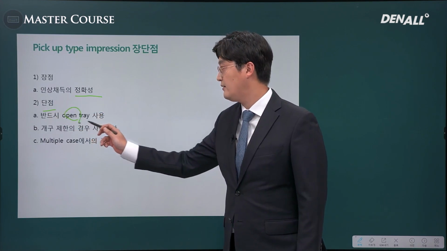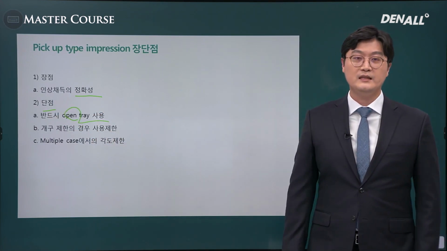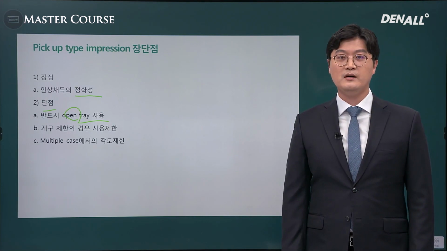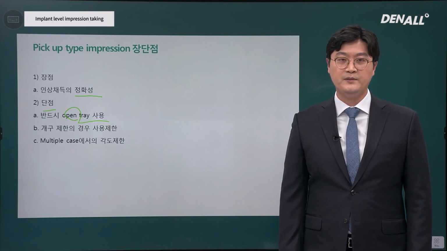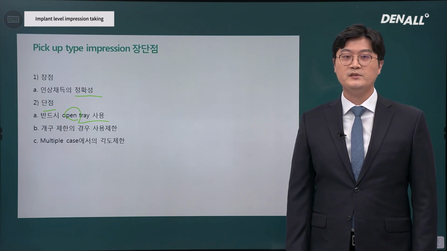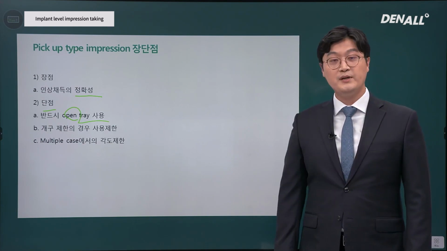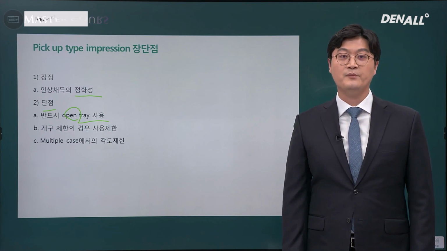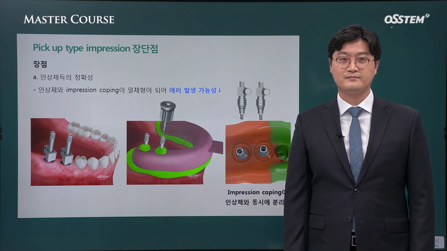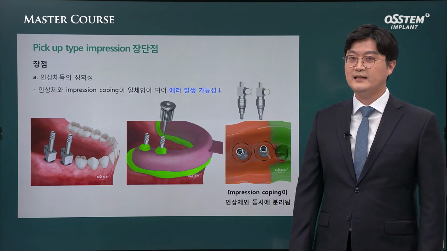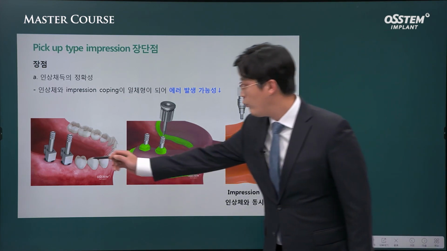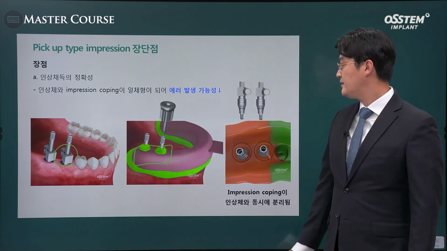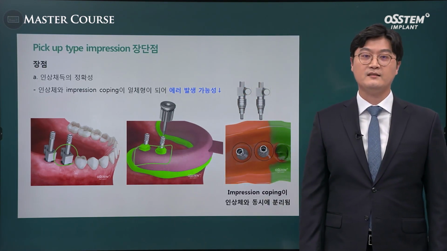Disadvantage: only an open tray must be used. So for patients with a limited mouth opening, for posterior number 7, this cannot be readily used. In a multiple implant case with different implant paths, impression taking can be challenging. Advantages: this part is cut in the impression, lowering the possibility of errors.